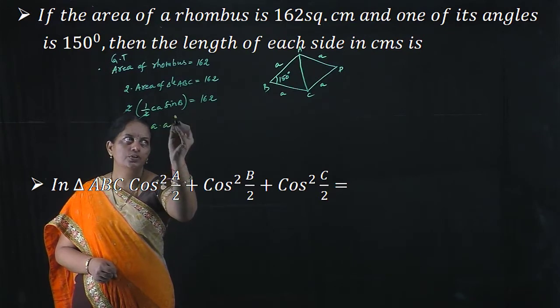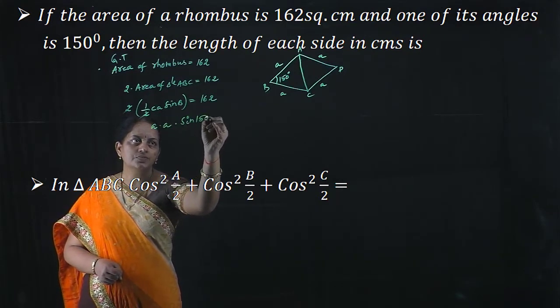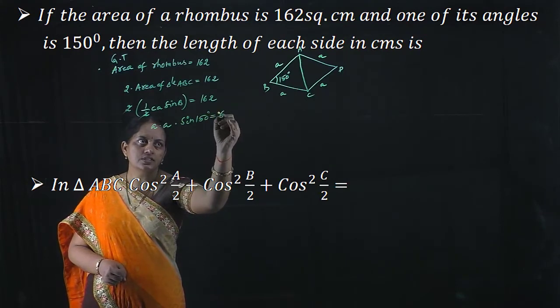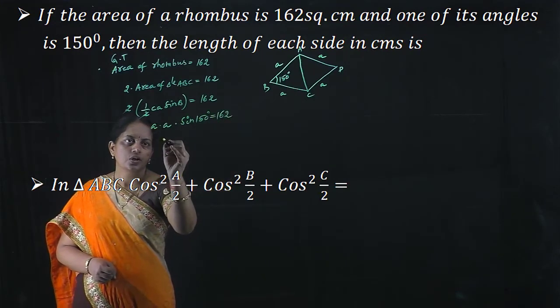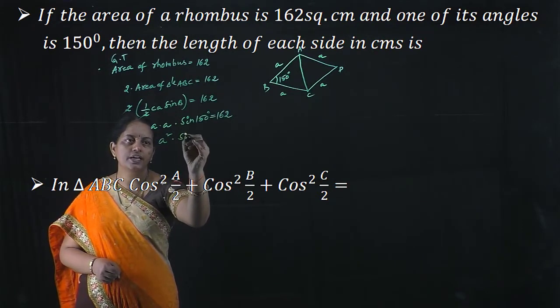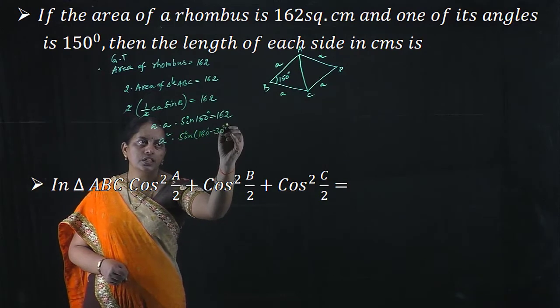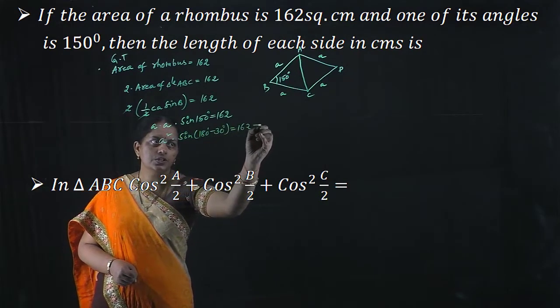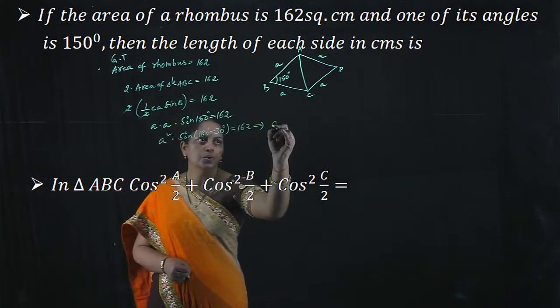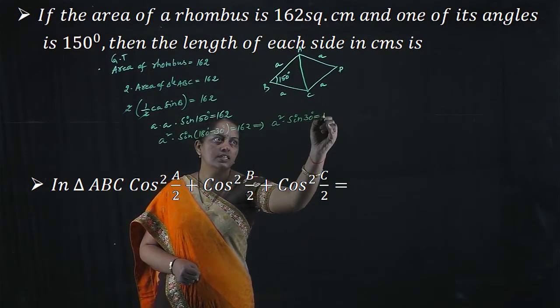So substitute a in place of C. So a into a into sine of angle B, which is 150 degrees, is equal to 162. A square into sine 150, which is sine of 180 minus 30, that is equal to sine 30, is equal to 162. So a square into sine 30 degrees is equal to 162.